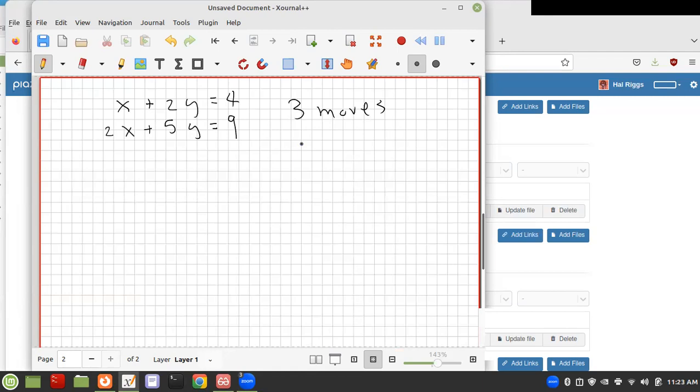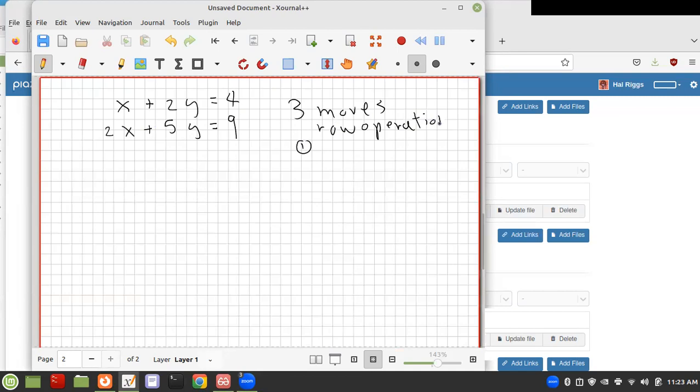And these 3 moves are called row operations because we think of each one of these equations as a row. Eventually we'll put this in terms of other things called matrices, where we'll have rows in the matrix. These are called row operations.